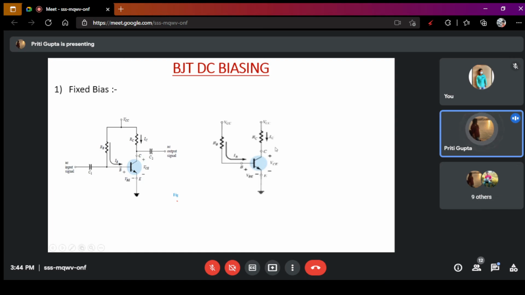We will proceed this way: there will be two equations, one for the input and one for the output. Whatever voltage, resistance, current we get in the input side, we will calculate them, and likewise for the output side. Now let us proceed. In the next slide you will get it.